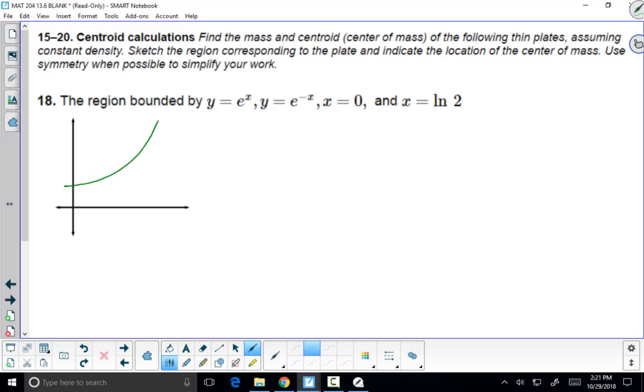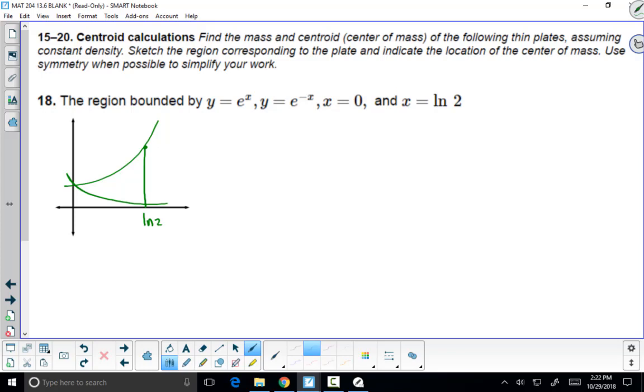We have e to the minus x, exponential decay. We have x equals 0, and we have x equals ln of 2. So let's call this ln of 2 right there. Okay, so we've got that weird region.